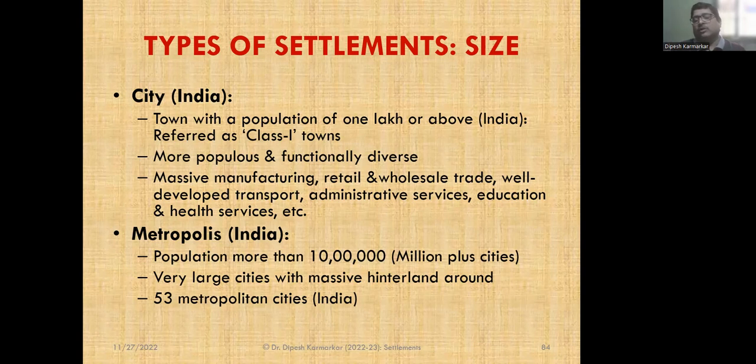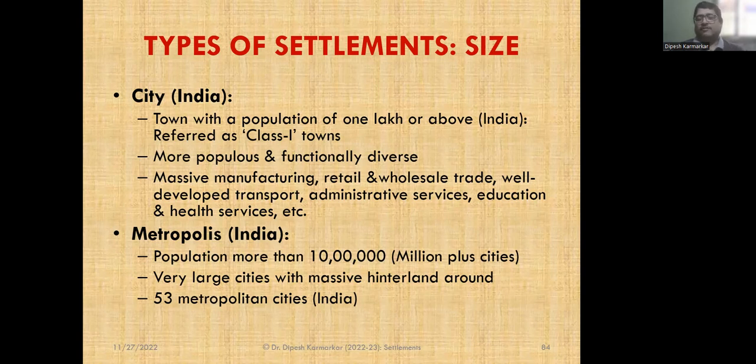They are not involved only in manufacturing, but in a number of other secondary activities as well as tertiary activities, such as massive manufacturing, retail and wholesale trade, very well developed transport activities, administrative services, and education and health services.